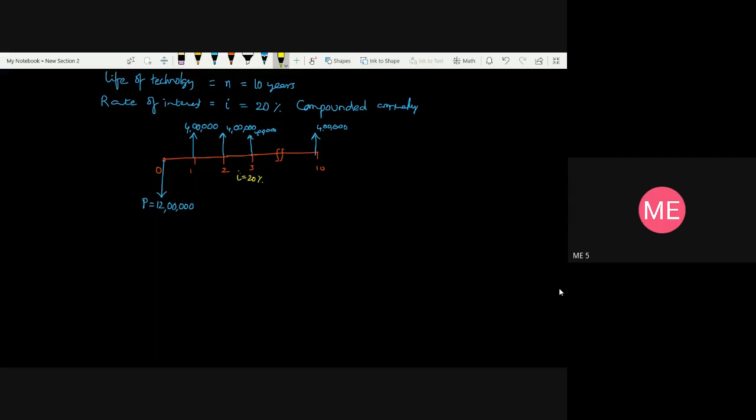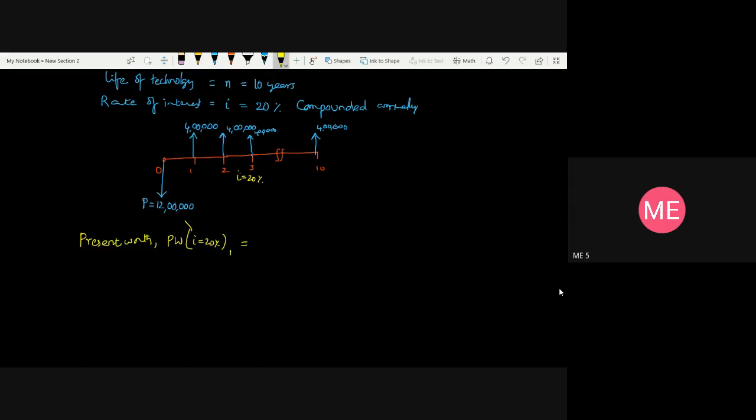So the present worth, PW, at rate of interest i equal to 20%. We are doing this for i equal to 20%, for alternative 1.